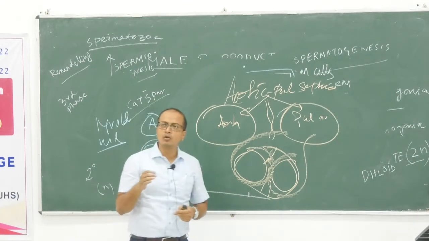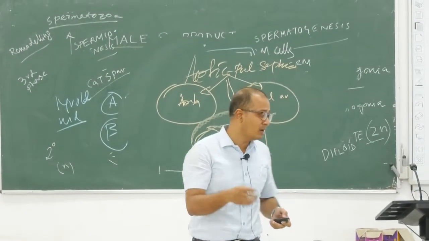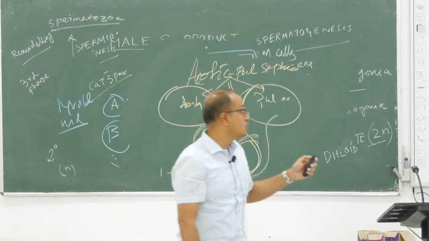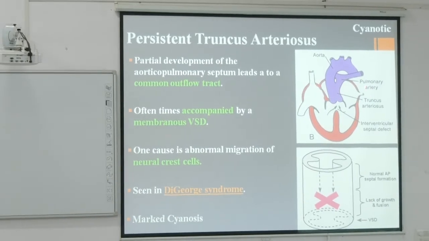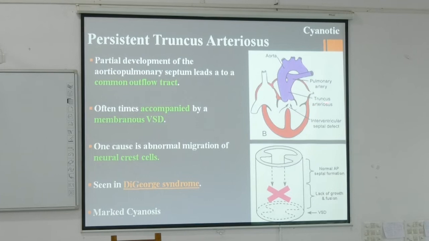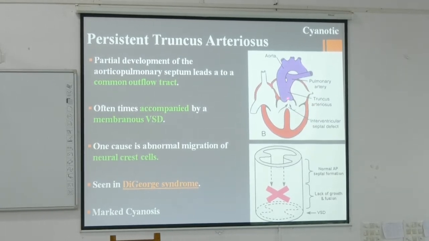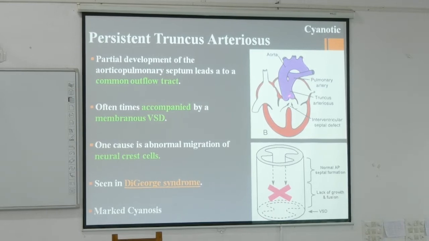So faulty aorticopulmonary septation creates two diseases. One is this septation error, where we have a common opening, a common truncus arteriosus, which is not split into aorta and pulmonary artery. The aorta and the pulmonary artery take their source from a common opening at the bottom end.